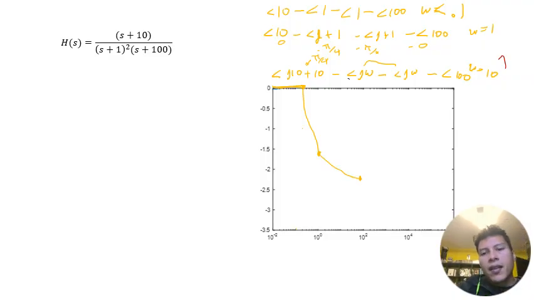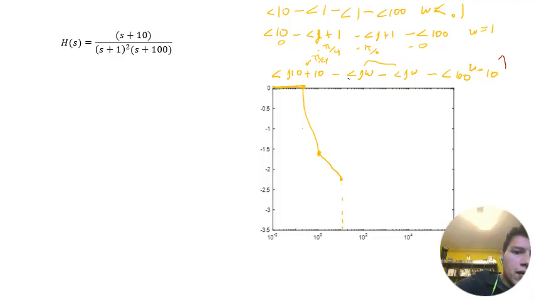Okay, and then at 100, wait, this is 10, this shouldn't be 100, so this should be up here. So we said, yeah, somewhere around here. So like this. Now at 100, this becomes j omega.